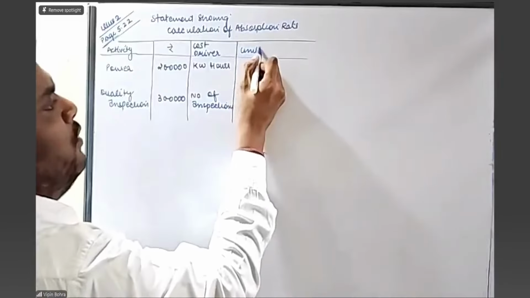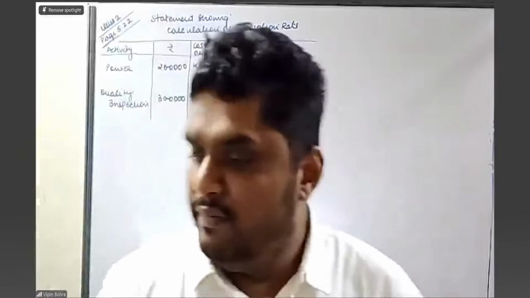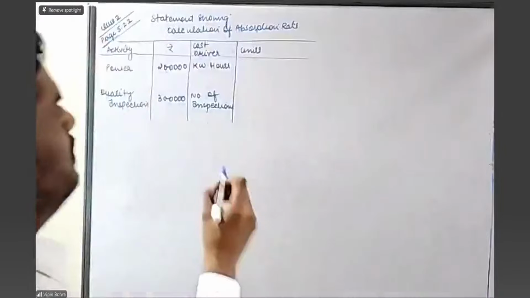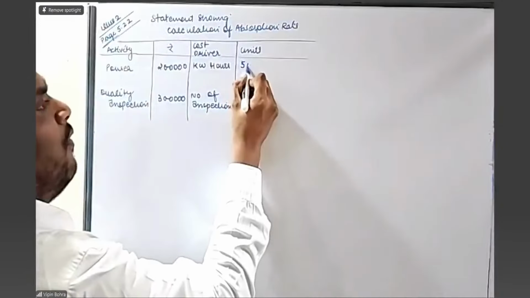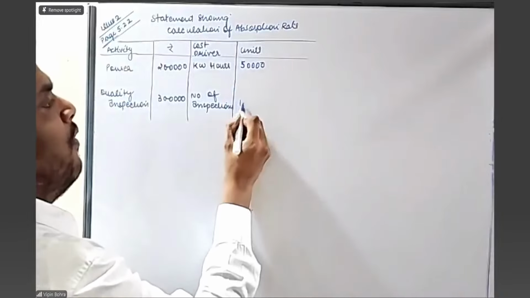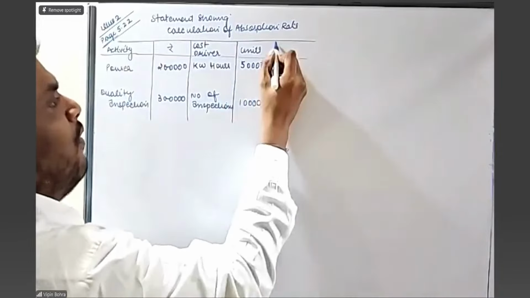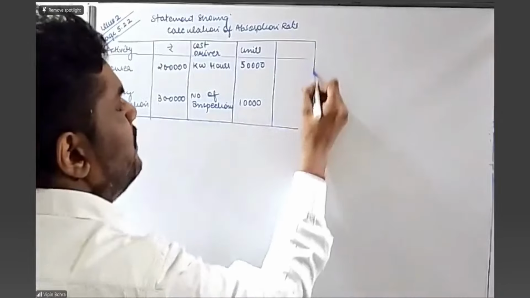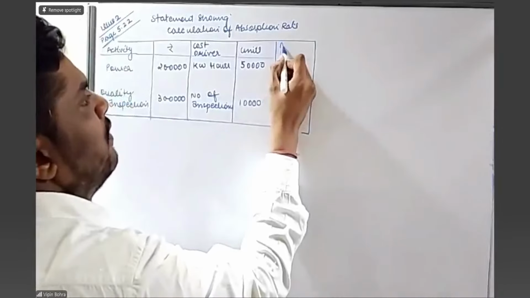When talking about units, straight away it is given in the question, that is 50,000 and 10,000. So we will get the absorption rate.